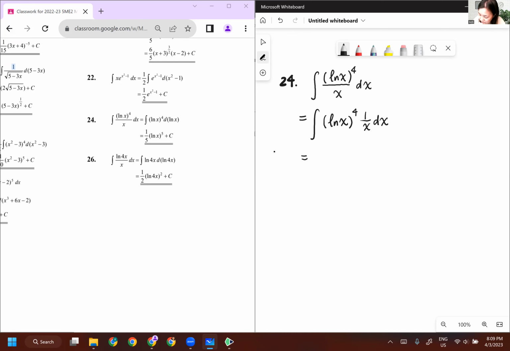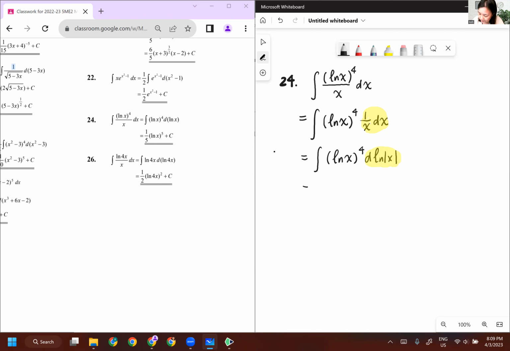And then there's a substitution. Now this is a substitution without using the new variable u, but in fact you're using it, but you're not writing it out. That is 1 over x dx equal d log absolute value x.